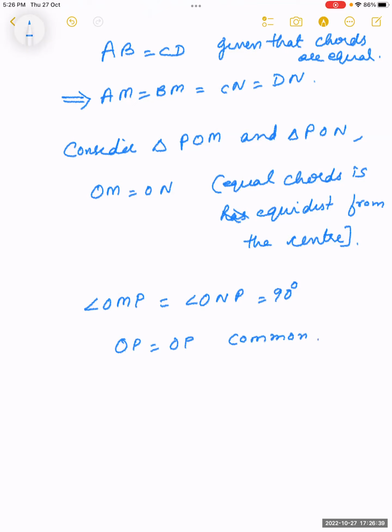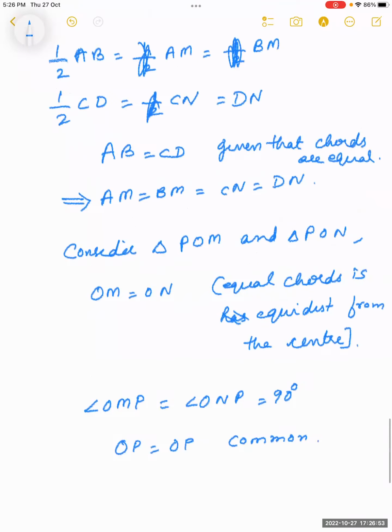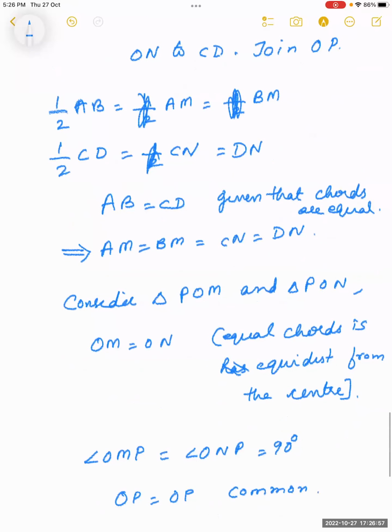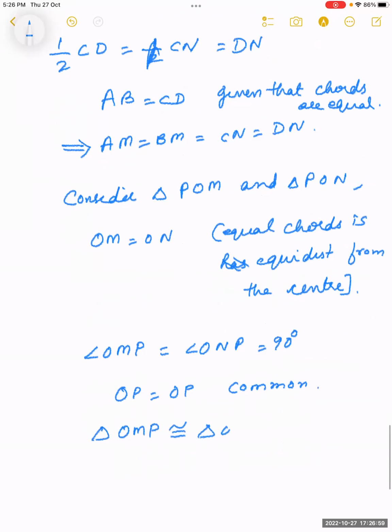So based on which rule are they going to be equal?